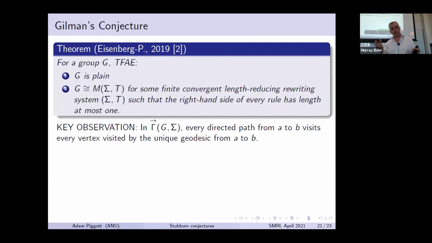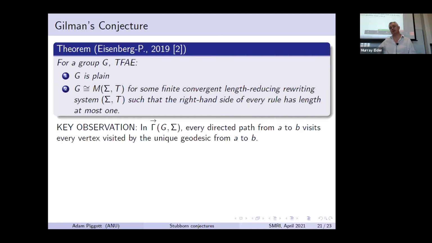So some recent progress. Andy Eisenberg, who's at Temple University, and I proved Gilman's conjecture in its full generality in 2019. So we can now say if you've got a finite convergent length reducing rewriting system and the right-hand side of every rule has length at most 1, the group is plane. The group presents plane.